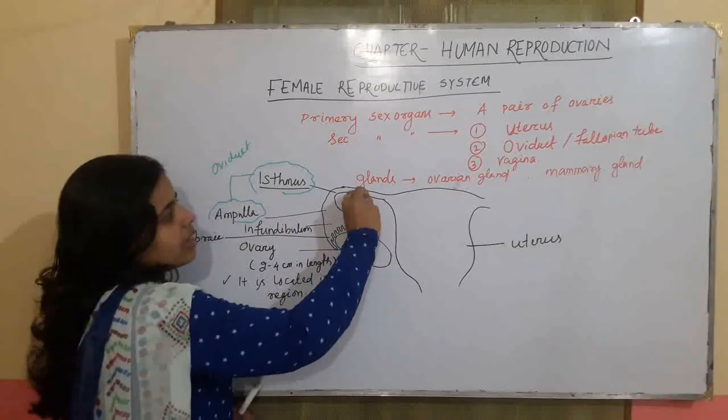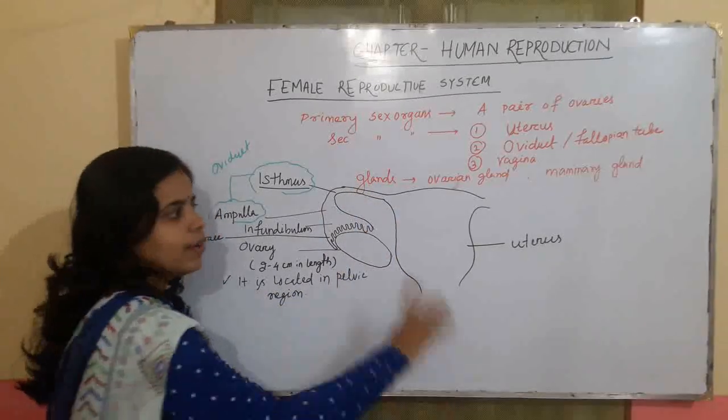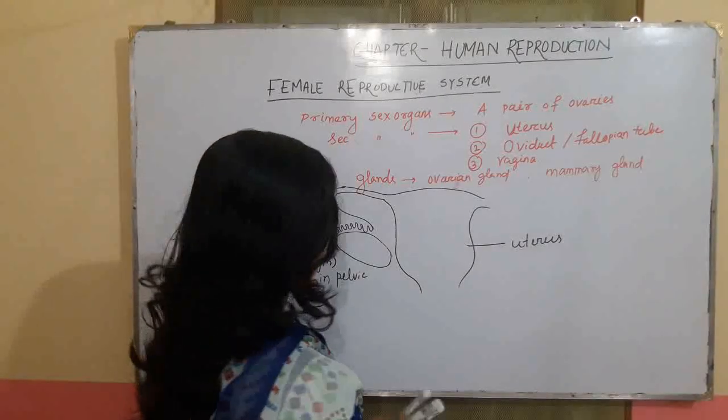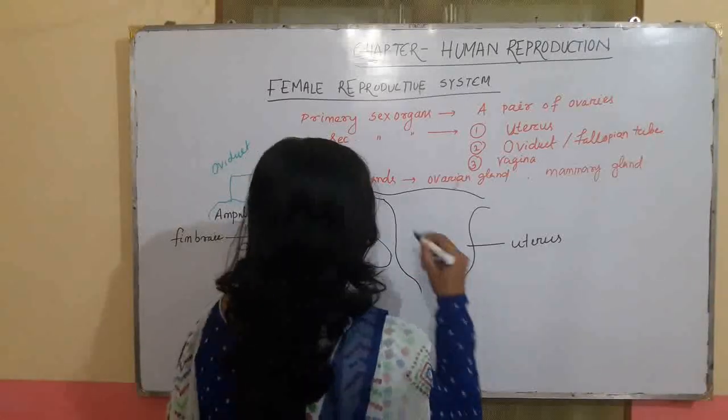Blastulation also occurs here, and after that the embryo has to be implanted in the uterus, which has a structure a little bit like this.